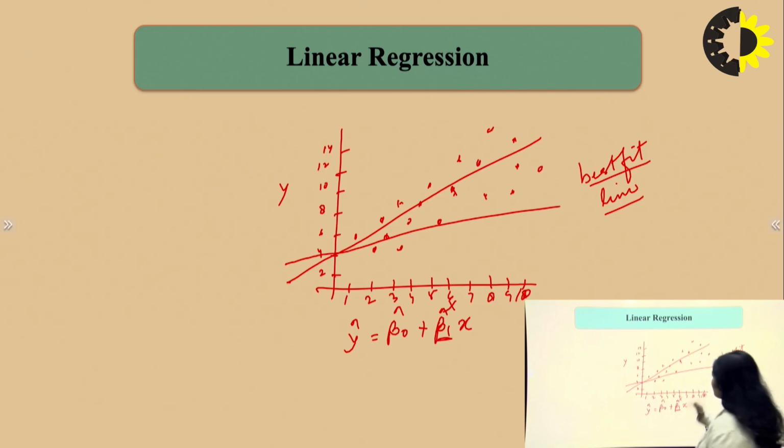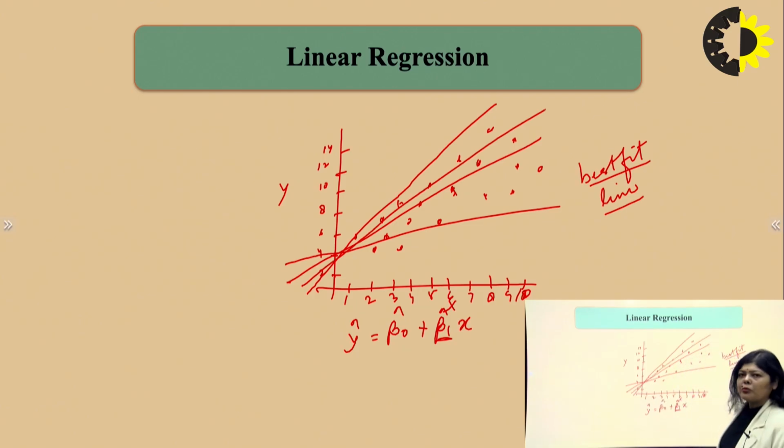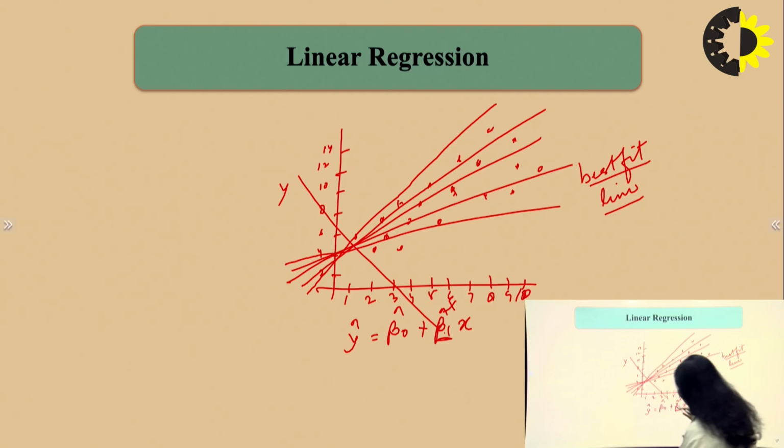I can place another line here having a different slope, and another line passing through the points with a different slope, and similarly I can draw an infinite number of lines with different slopes. I can also draw a line like this, which has a negative slope.